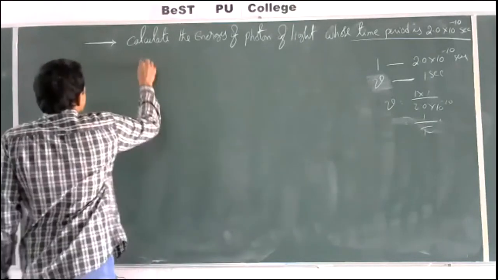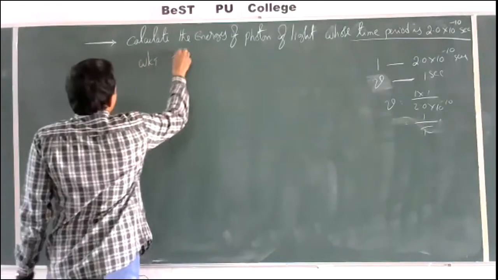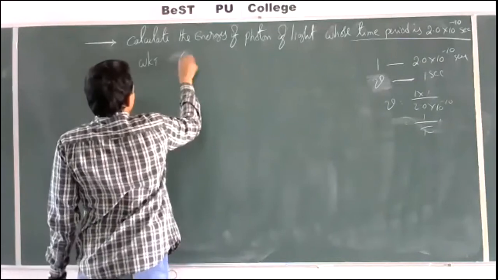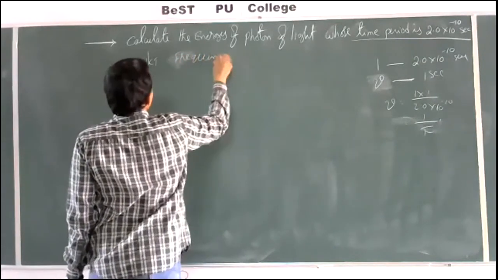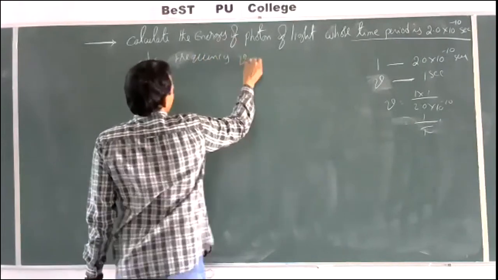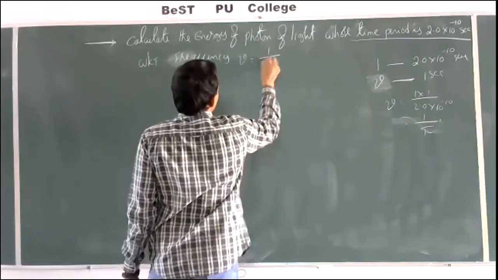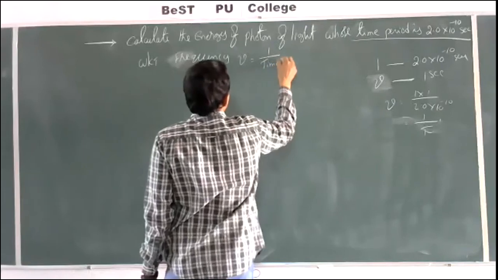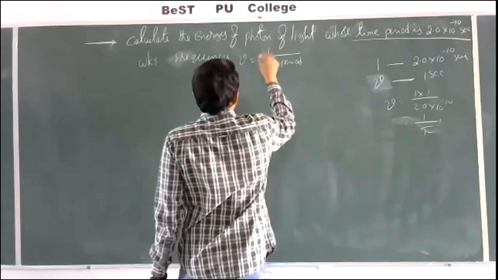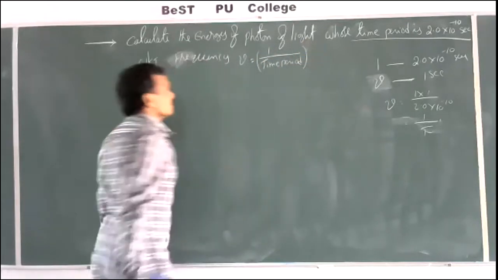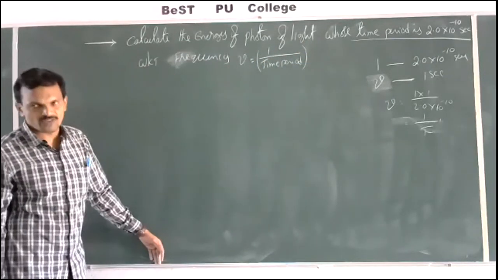Simply, as we know that frequency nu is equal to nothing but 1 by time period of one wave. Nu is equal to 1 by time period.